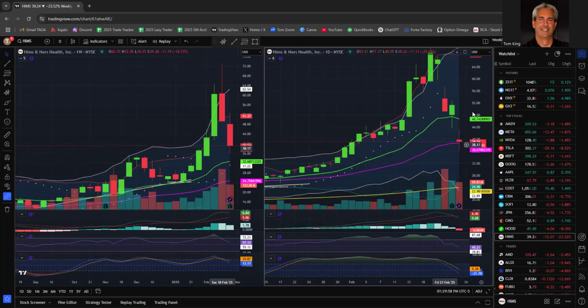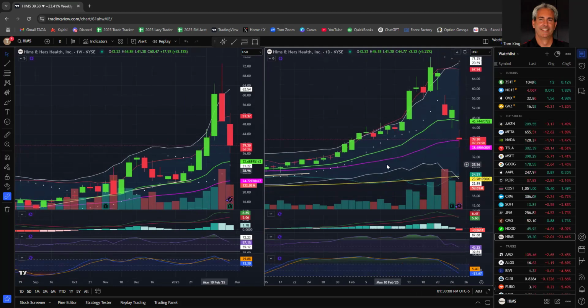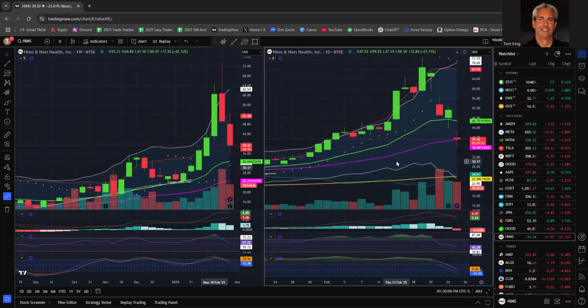And even though we're holding the 50 here, I don't think I'm ready to get in here. I think the company can be good, but right now the momentum is down. There's just no reason to fight the momentum until we see reversal. And I'm okay not calling the exact bottom on things. Calling the exact bottom can get you killed. So I want to see signs of a reversal.